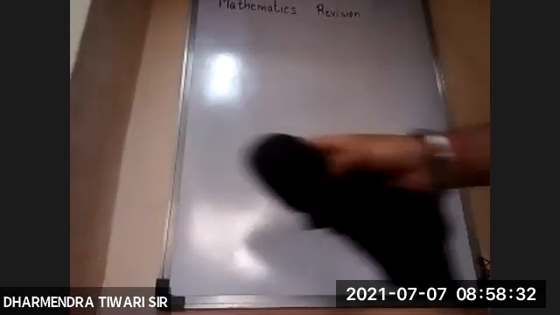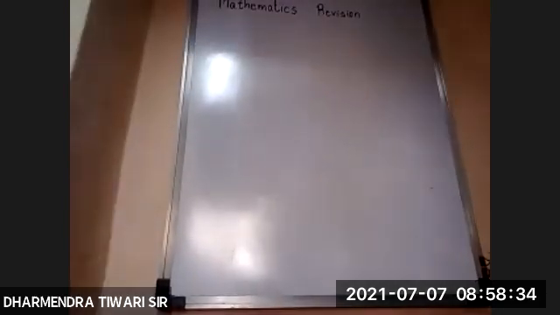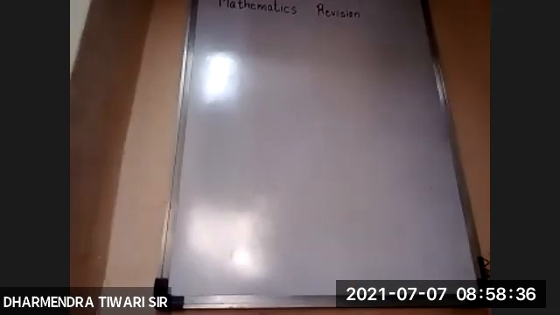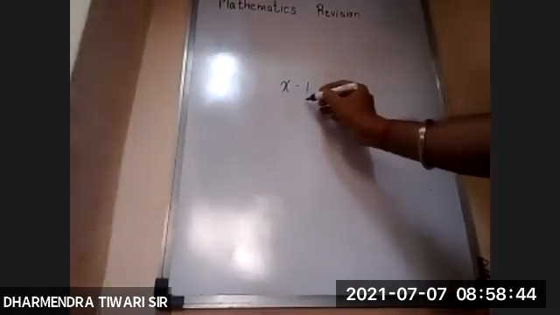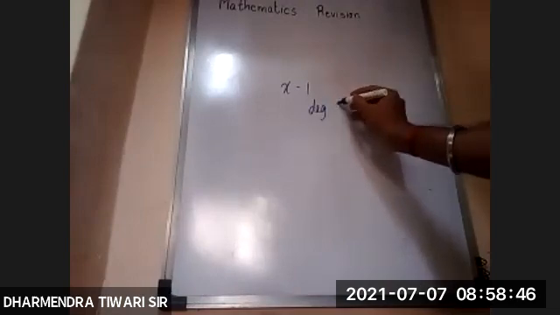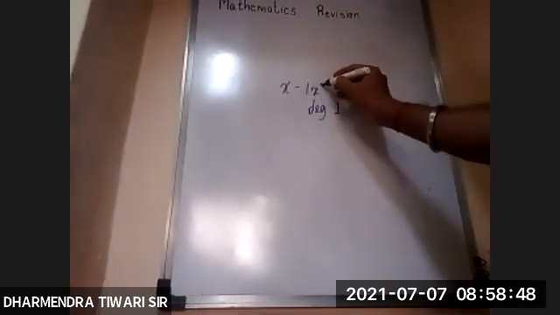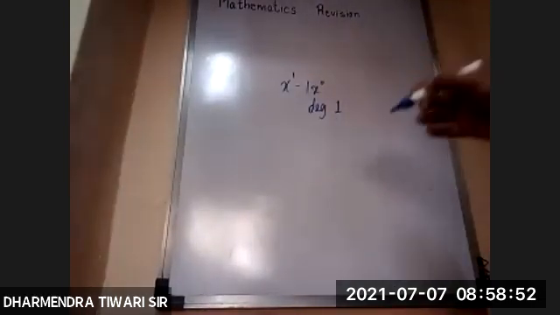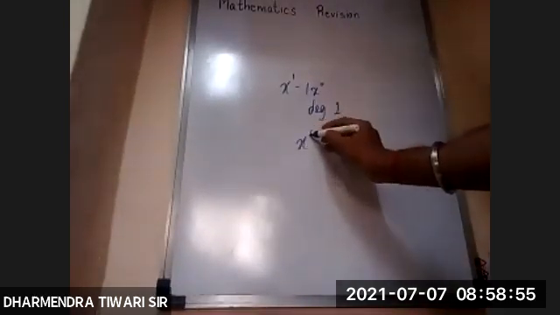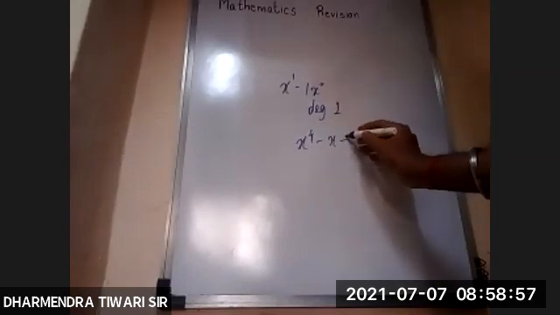You know the meaning of degree, the highest index present in the polynomial. Example, say x minus 1. Here the degree is 1. Why? Because its index is 0 and its index is 1. So degree is 1. Next, x raised to 4 minus x plus 1.